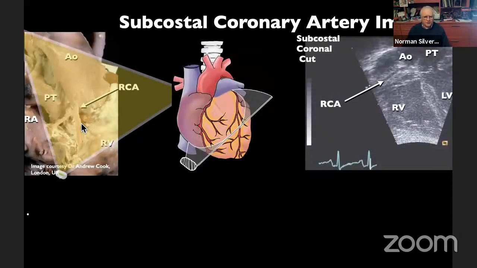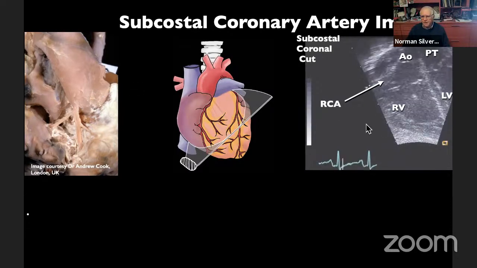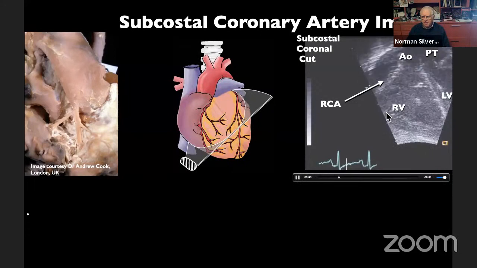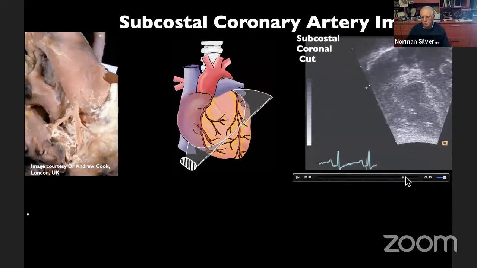Here's another look at the coronary artery dissected by Dr. Spicer, showing the anterior coronary running in the groove, together with the sinus node artery and a conus branch coming off the right sinus over here. And here on the echocardiogram, you can see this in still frame as well as in motion. I'm going to stop that for a moment and get rid of the labels, and then I'll allow you to look at this.